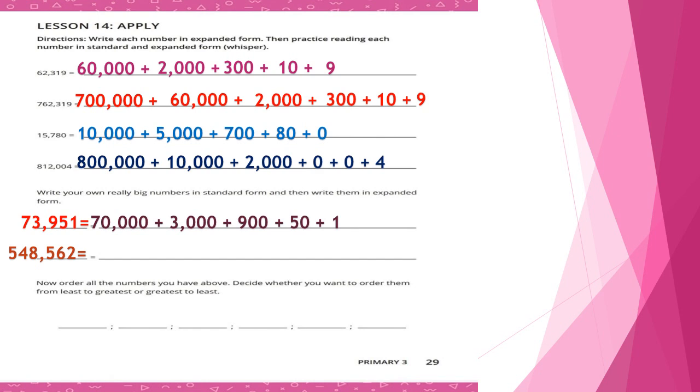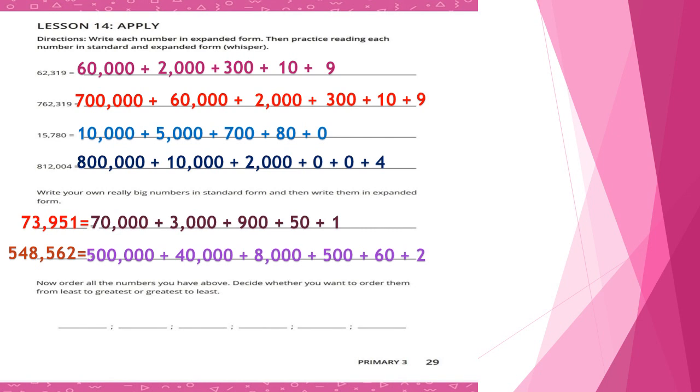We have here this number in thousands, so we write 500 and put 3 zeros, 500,000. 48, so we write 40,000, 40 and put 3 zeros, and 8,000, put 3 zeros, plus 500 plus 60 plus 2.